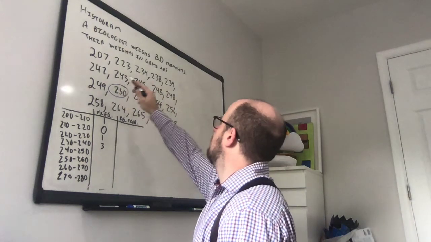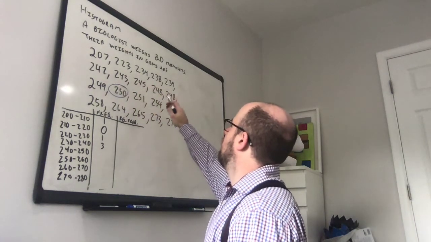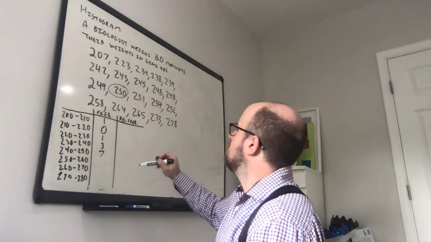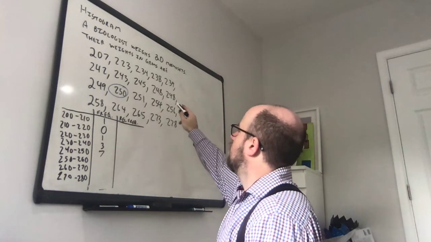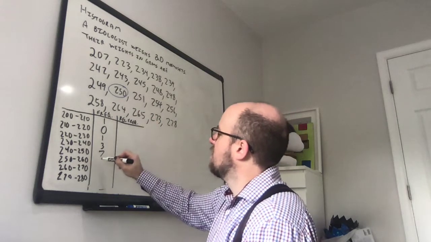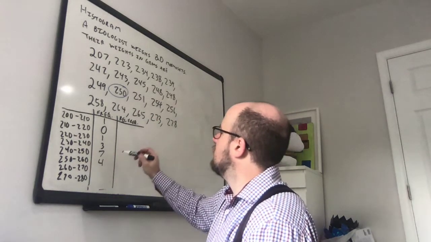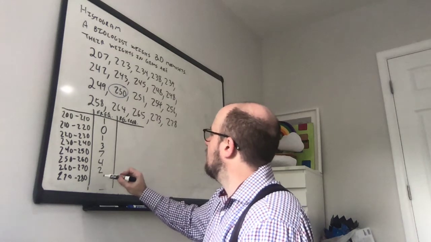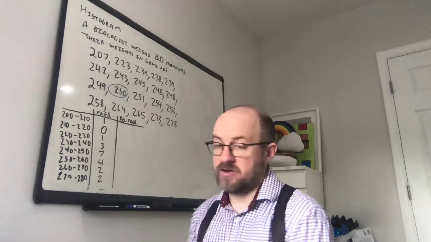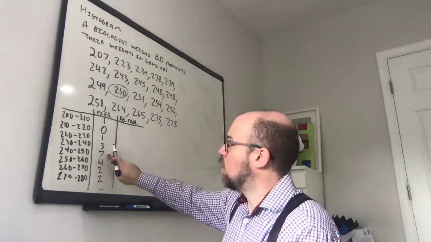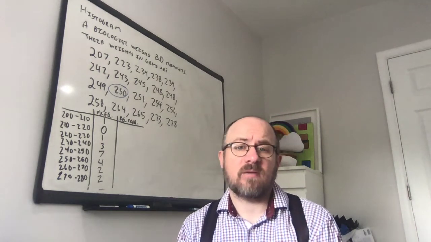So these 1, 2, 3, 4, 5, 6, 7 values go in that range. 251, 254, 256, 258. 4 values in 250 to 260. 2 in 260 to 270, and 2 in 270 to 280. Okay? So just make sure you just count it in one of the values. That's what's important.